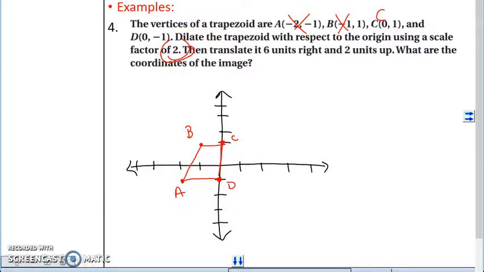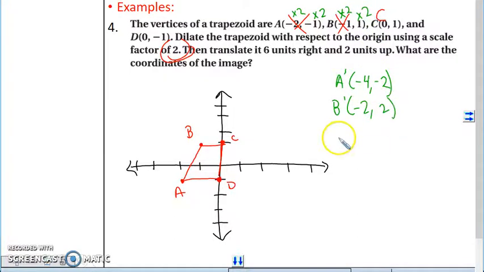So let's go ahead and draw our image. So we have A image, multiply by 2. Negative 2 times 2 is negative 4, 1 times 2 is 2. B, negative 1 times 2 is negative 2, 1 times 2 is 2.